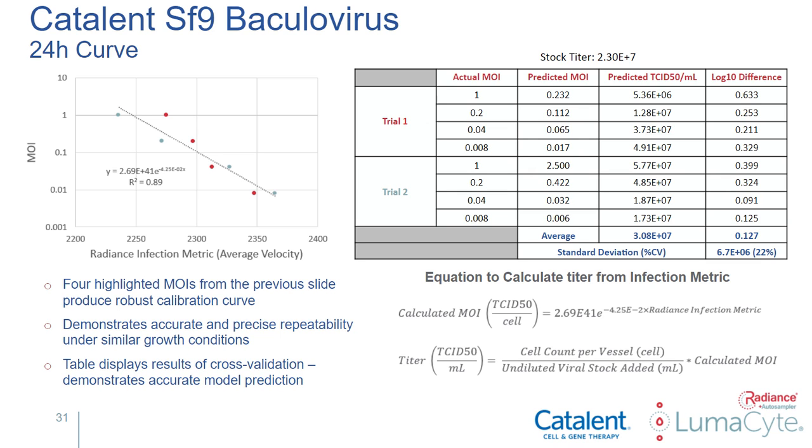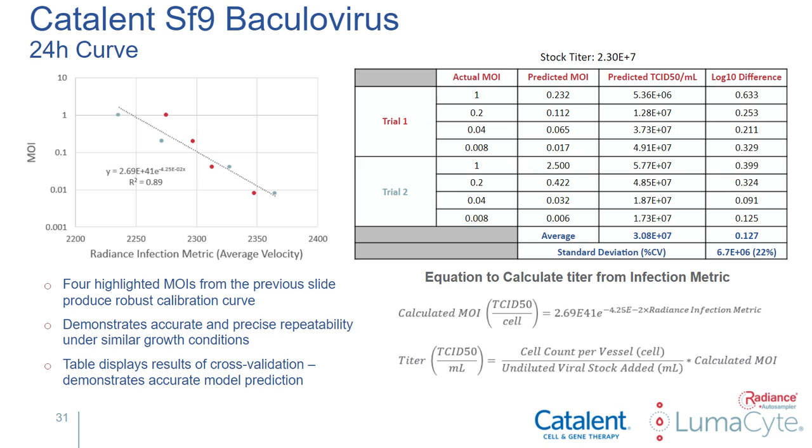And this demonstrates accurate and precise repeatability under similar growth conditions over two separate weeks, shown by trial 1 and trial 2. The table on the right displays the results of the cross-validation, and it demonstrates an accurate model prediction. The model is used to predict the MOI first, and then based on the predicted MOI, the TCID50 is then calculated using the equations below.